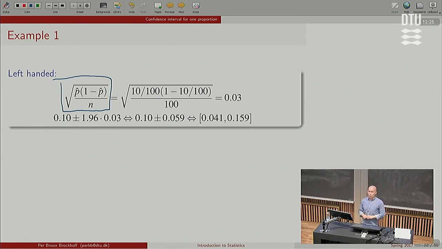Take the proportion times 1 minus the proportion and divide it by n.